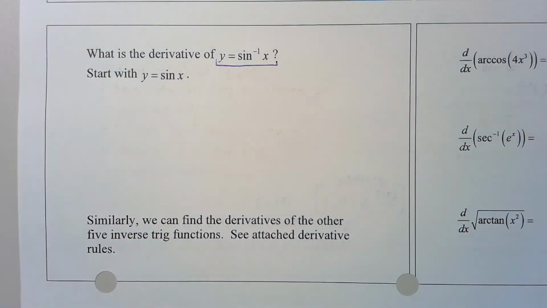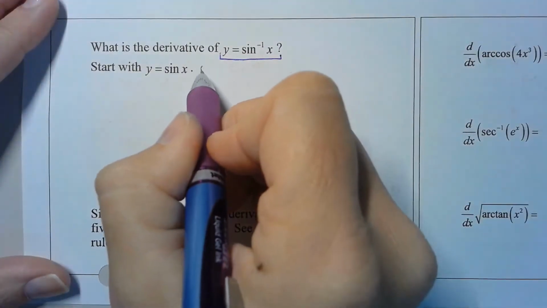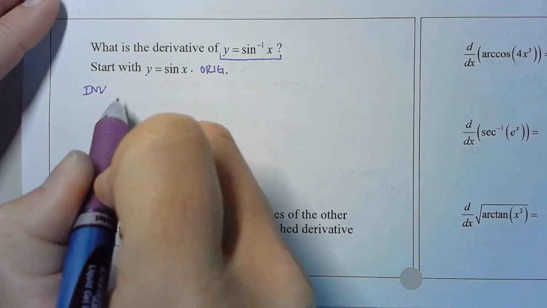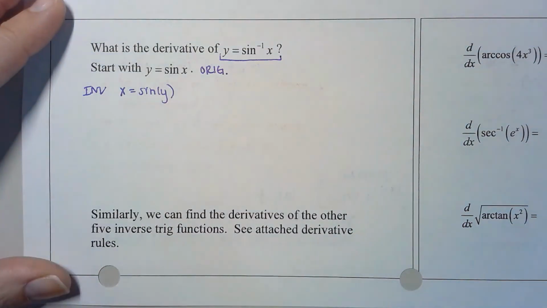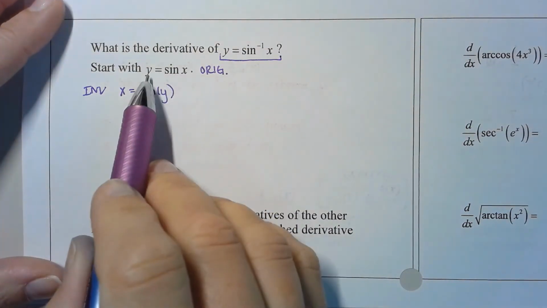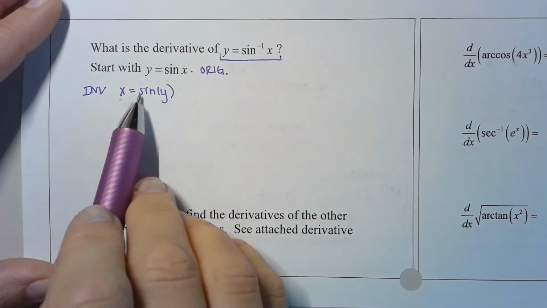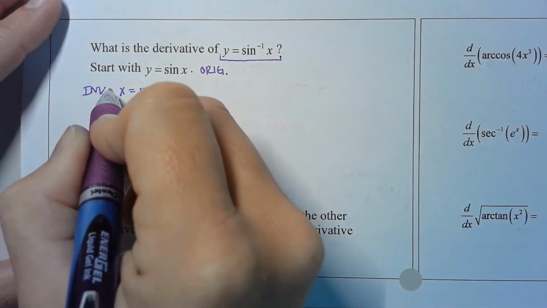Well, the first thing is, let's start with the original, y equals the sine of x. That's the original function. The inverse would be found by switching the x and y, right? So if the original is y equals the sine of x, the inverse is x equals the sine of y. And I'm trying to find the derivative of said inverse.